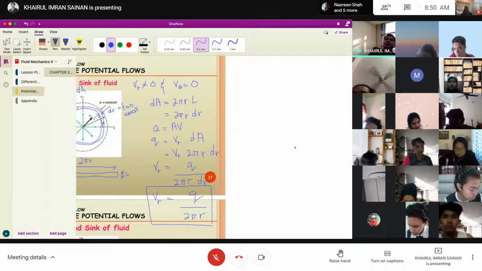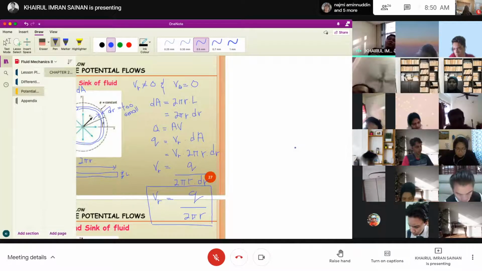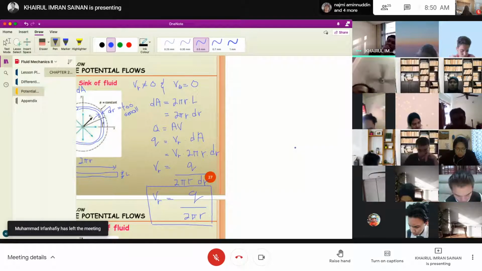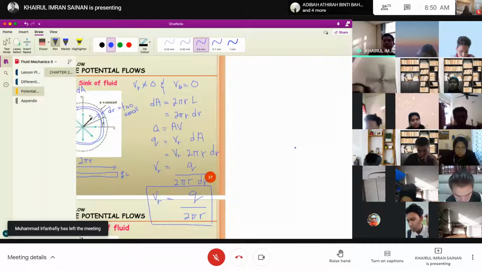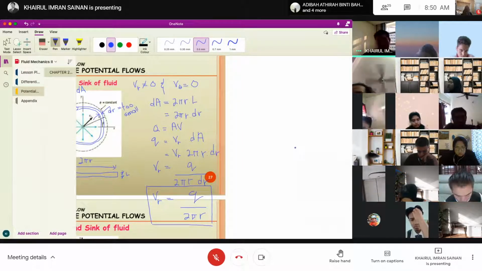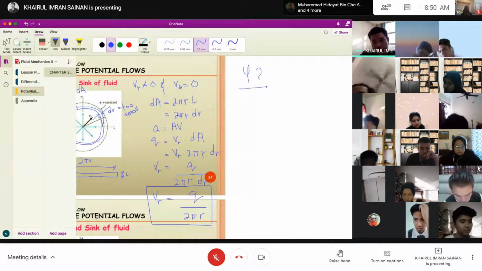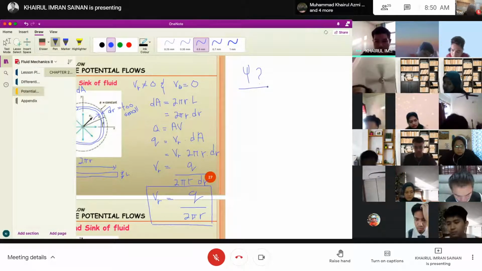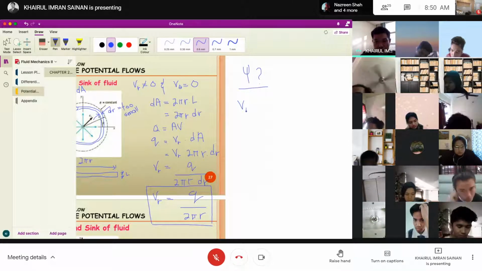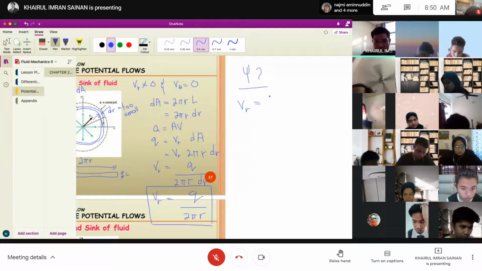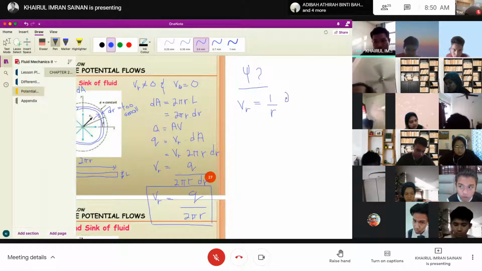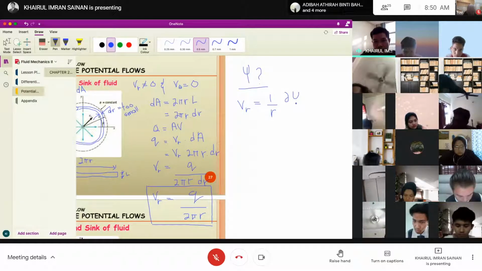So what are the next steps? Just now for uniform flow, we determined psi and phi. So it's the same. What we need to do is find psi. We're going to use VR, right? So VR is equal to 1 over r del psi over del theta.